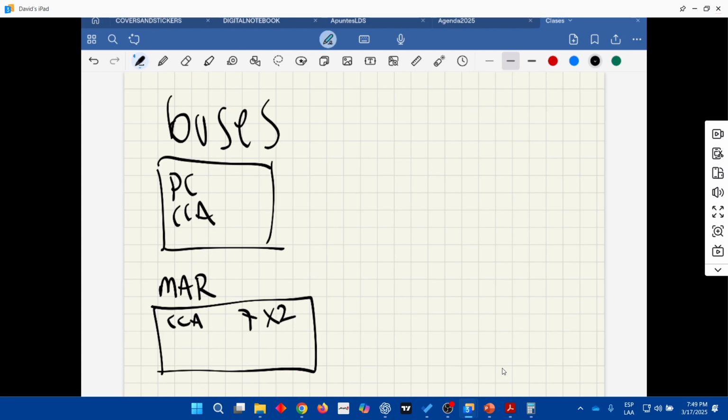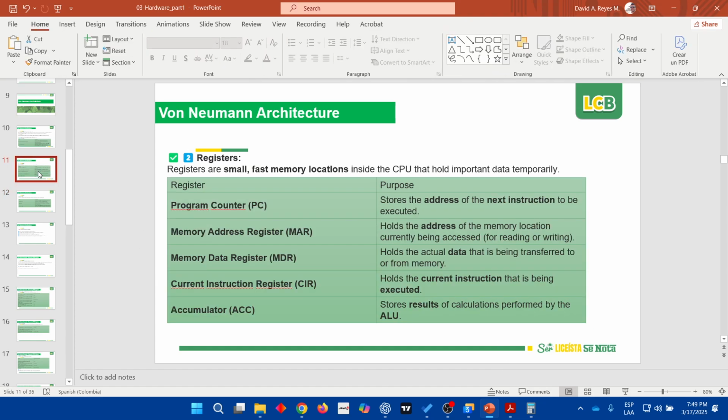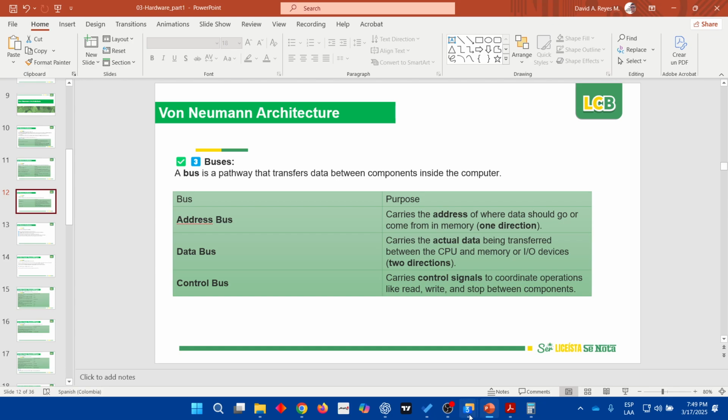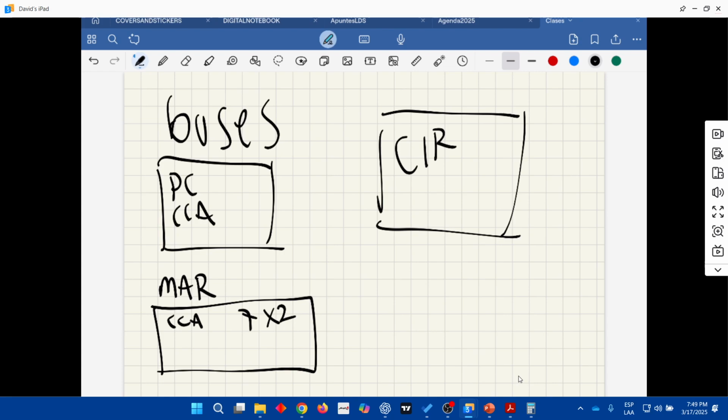Okay, and you have, let me get back once again here. Then we have the CIR, and this one has the instruction that is going to be performed.